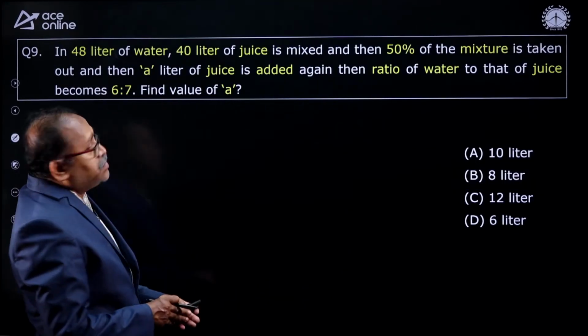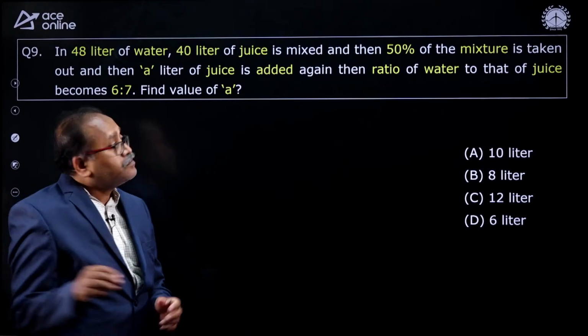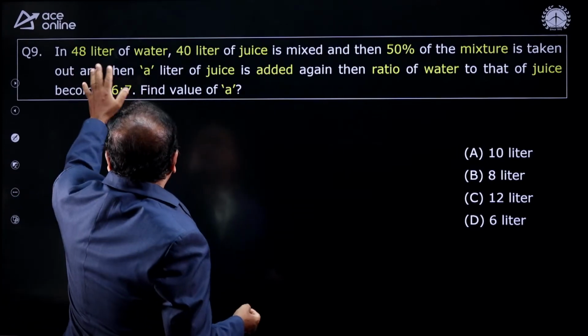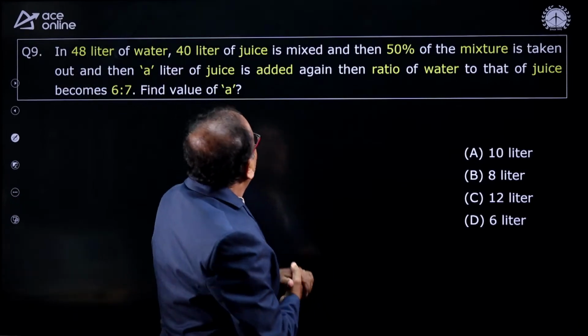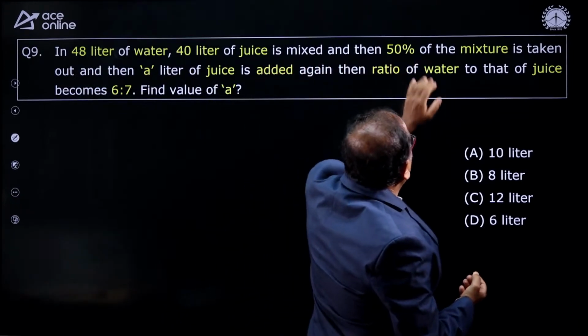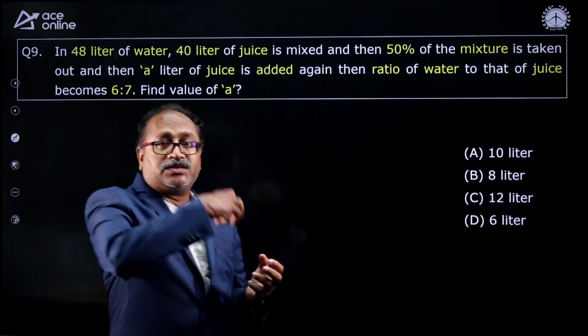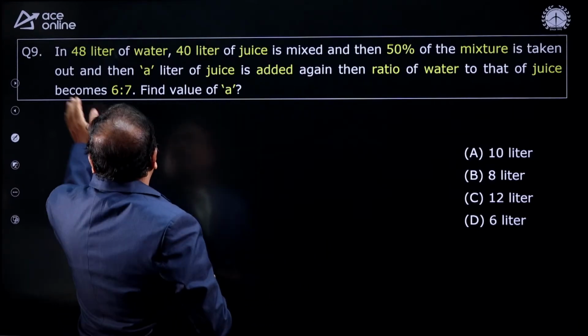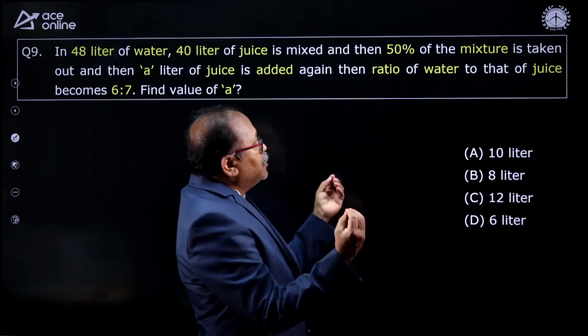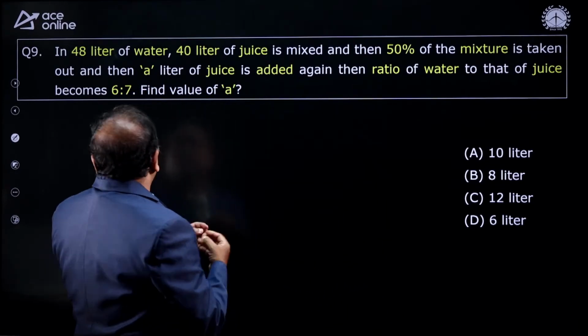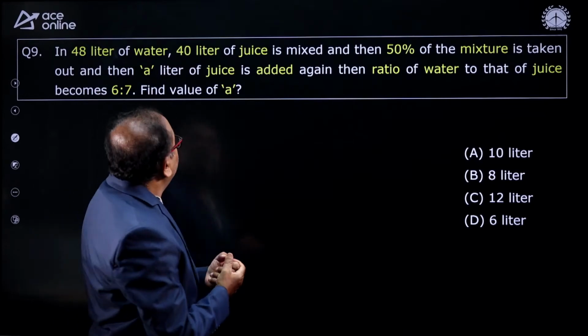Now here is the next question, question number 9. In 48 liters of water and 40 liters of juice is mixed and then 50% of the mixture is taken out. And then A liters of juice is added again. And the ratio of water to that of juice becomes 6:7.